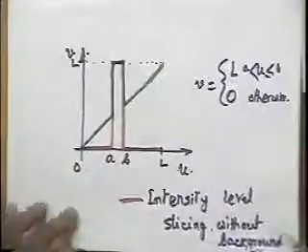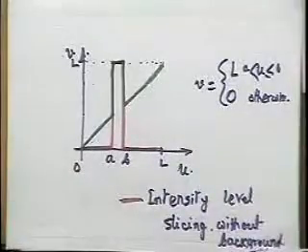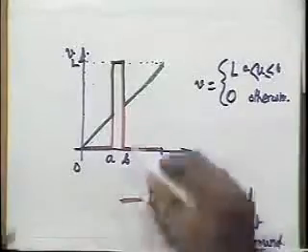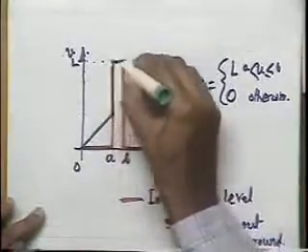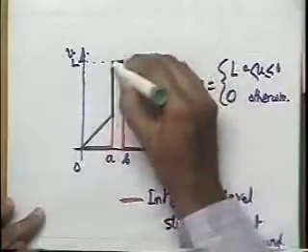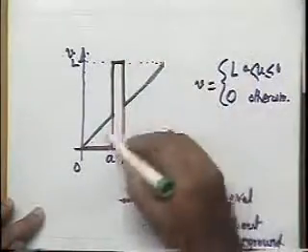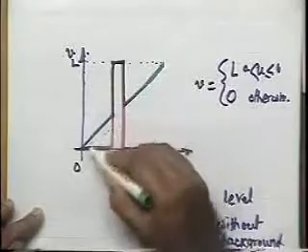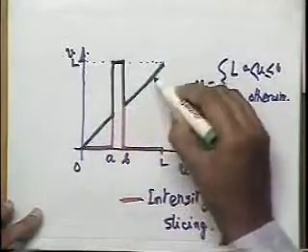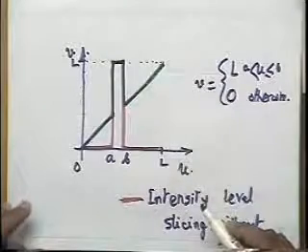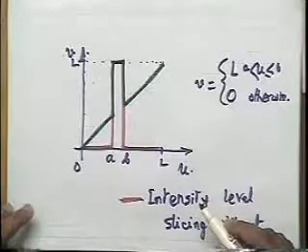And intensity slicing with background is like this, where we trace the green curve, meaning in the range of A to B, as before, we are converting the intensities to this level, but in the other range, that is 0 to A or from B to L, we are not changing the intensities of the original image.